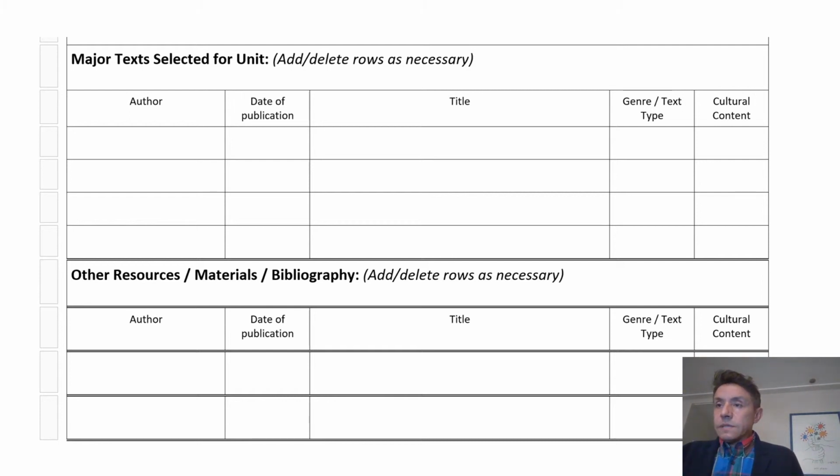By cultural content, we mean that we would like you to determine whether the text is culturally global, that is to say, from some community around the world, or if it is Anglophone culture, or if it is the local culture.